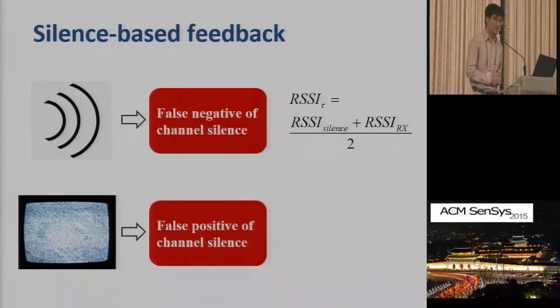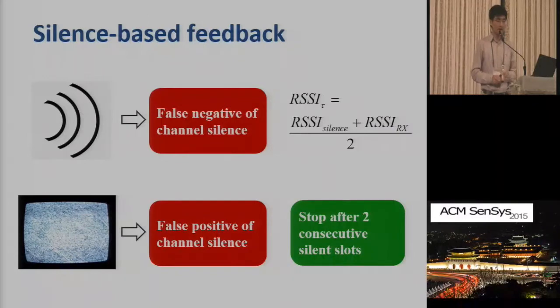Another problem is that the packet reception may be corrupted. So without a successful reception of a packet, the node cannot transmit in the next slots. Such a silence may be detected by the upper layers as a stop condition. So we solve this problem by stopping the relay node only after 2 consecutive silent slots are detected. By using this method, we may incur some overhead.